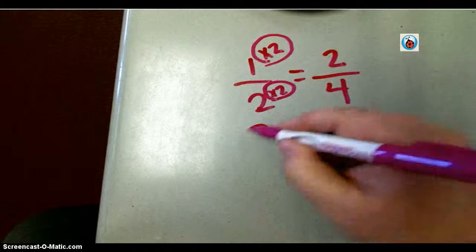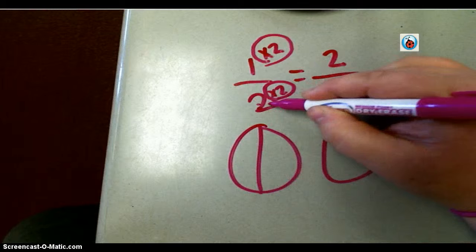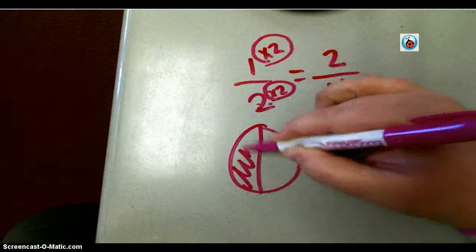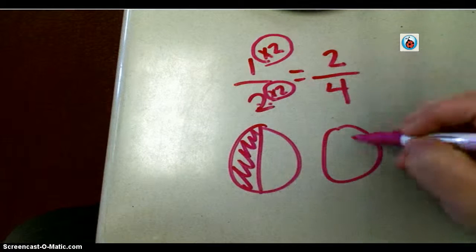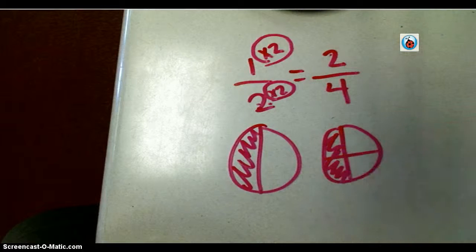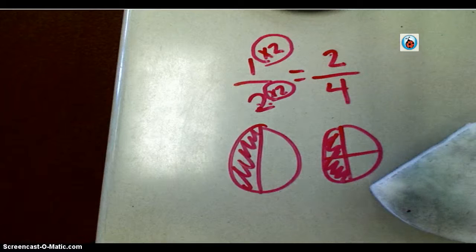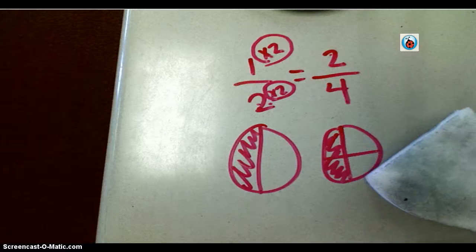If I look at this, this tells me I have 2 parts in one whole and one is shaded. Do you agree with that picture? This tells me I have 4 parts and 2 are shaded. Do you agree with that picture? Do you see how they're equal? So, we can multiply the bottom and the top, the numerator and the denominator, by any number that we want, as long as whatever we do to the top, we do to the bottom, and vice versa.